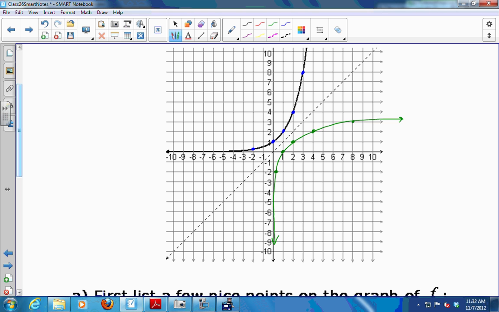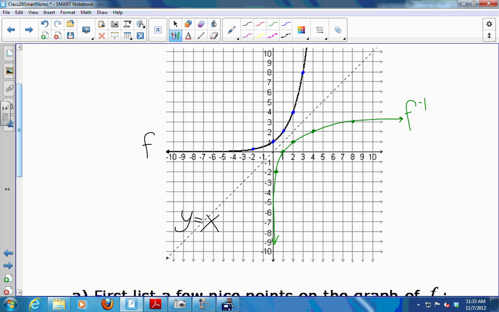And what do you notice about the green line I just drew and the original function f? Yeah, they're mirrors of each other, and the mirror is that diagonal line, which is the equation y = x.